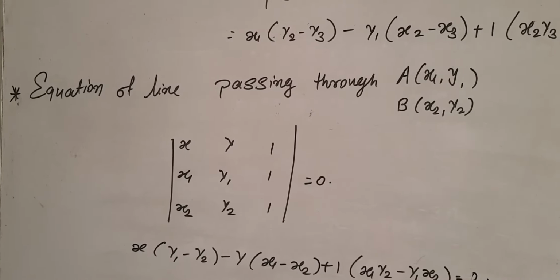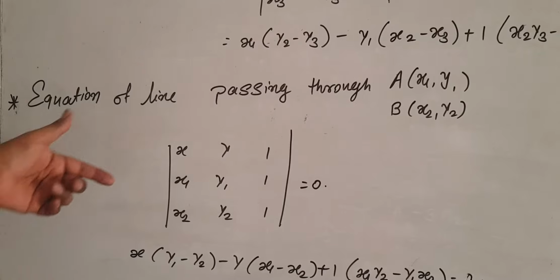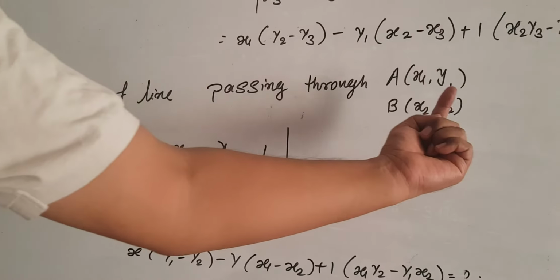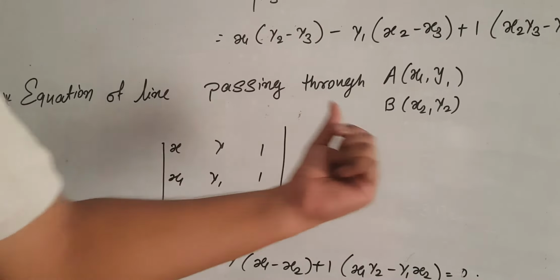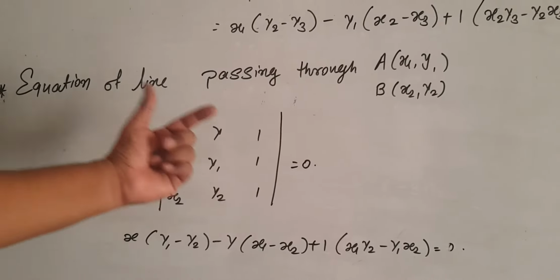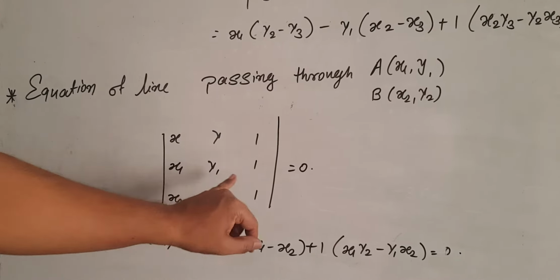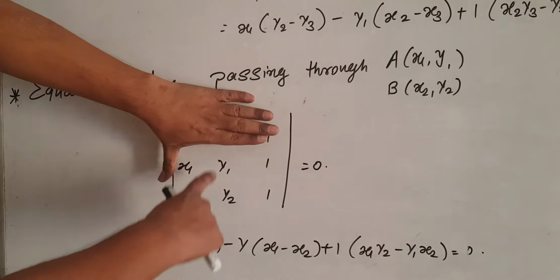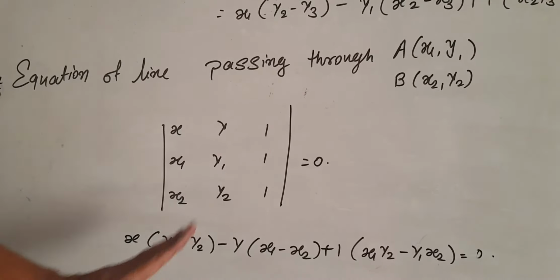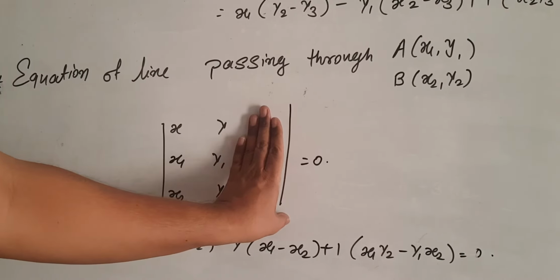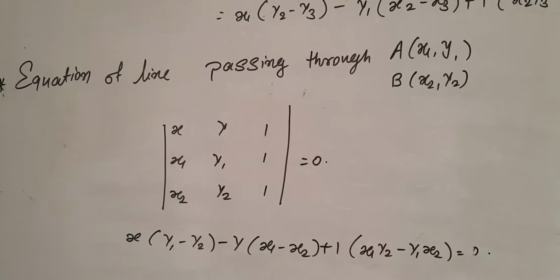Now the same thing we can find by using determinant. The equation of the line passing through A (x1, y1) and B (x2, y2) is the determinant x, y, 1 because it's a variable, x1 y1 1 and x2 y2 1. You can solve it as x into (y1 minus y2), minus y into (x1 minus x2), plus 1 into (x1 y2 minus y1 x2).